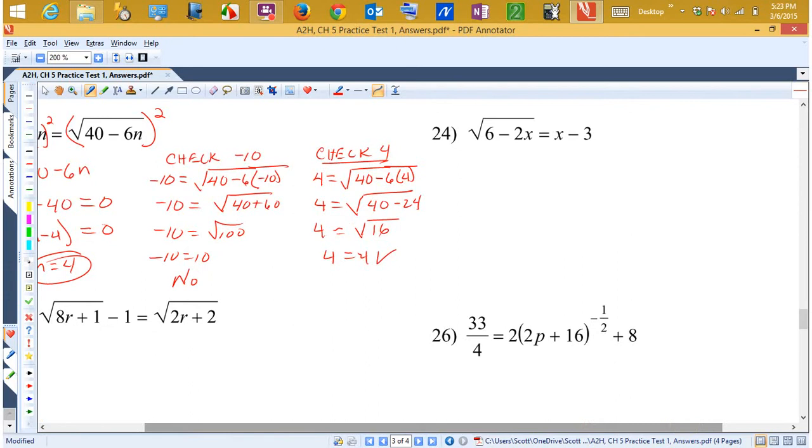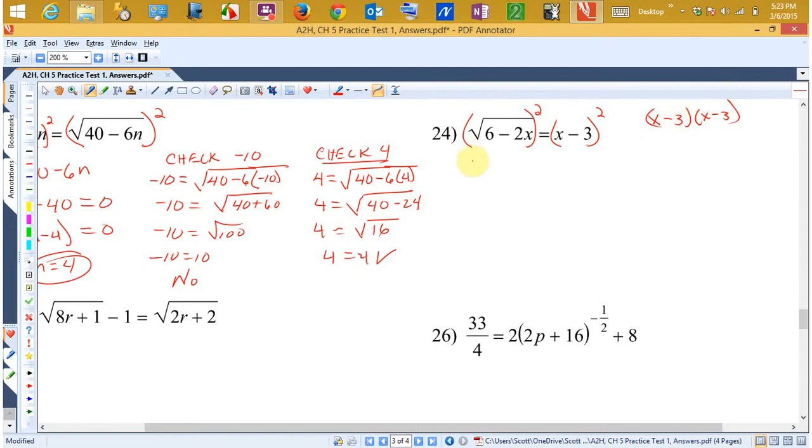Okay, the next problem. Well, the radical is isolated over here, so I don't have to add or subtract anything. What I need to do is square both sides. Now, squaring x minus 3, you do not distribute the exponent in. That's x minus 3 times x minus 3.